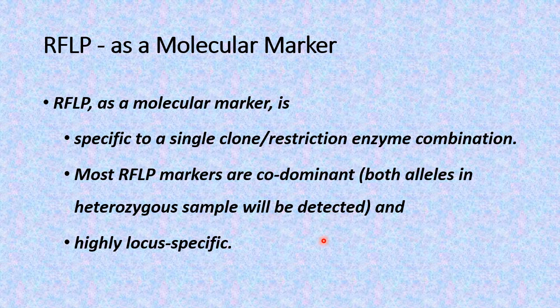That is, the two alleles in the heterozygous sample will be detected because they are in the form of single stranded DNAs, and the probe will bind to both the stretches wherever it has its complementary restriction site. And because of this complementary restriction site, these RFLP molecular markers are highly locus specific.